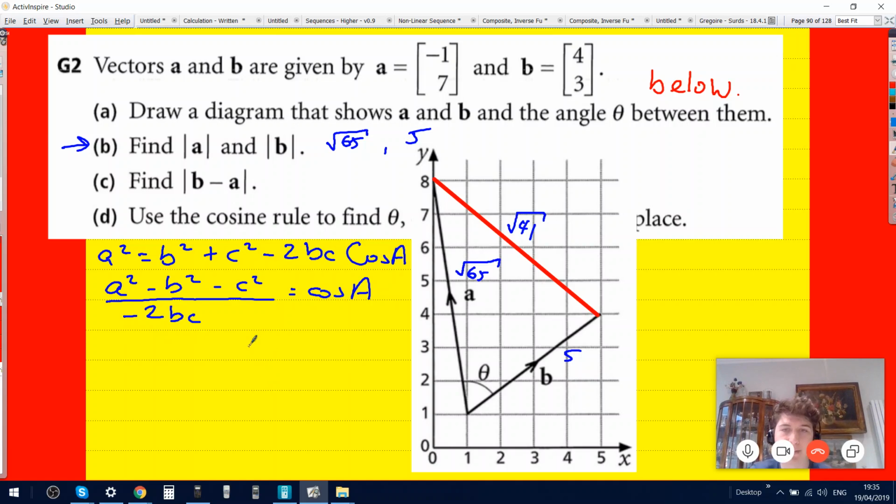And a in this instance would be square root of 41. Right. Okay. Just making sure. So the square root of 41 all squared. Oh, this is going to take a little while.